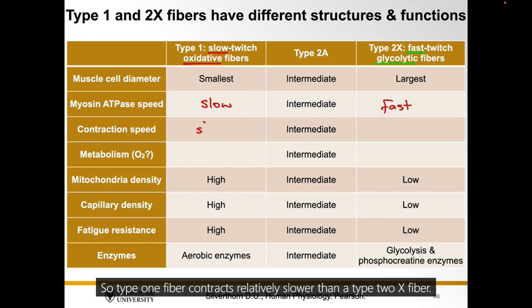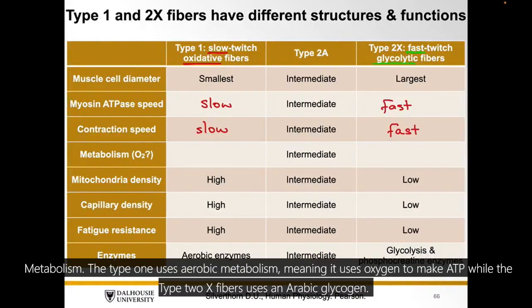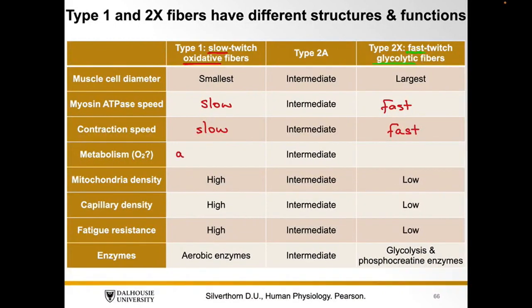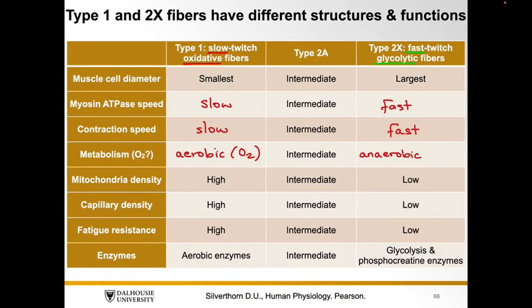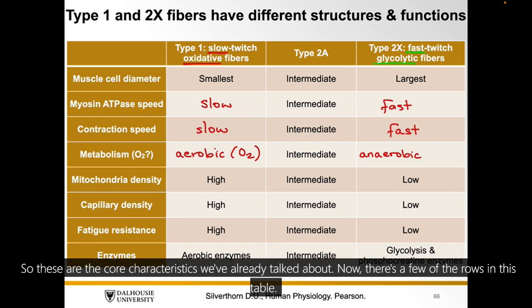So type 1 fiber contracts relatively slower than a type 2X fiber. Metabolism. The type 1 uses aerobic metabolism, meaning it uses oxygen to make ATP, while the type 2X fibers use anaerobic metabolism. So these are the core characteristics we've already talked about.